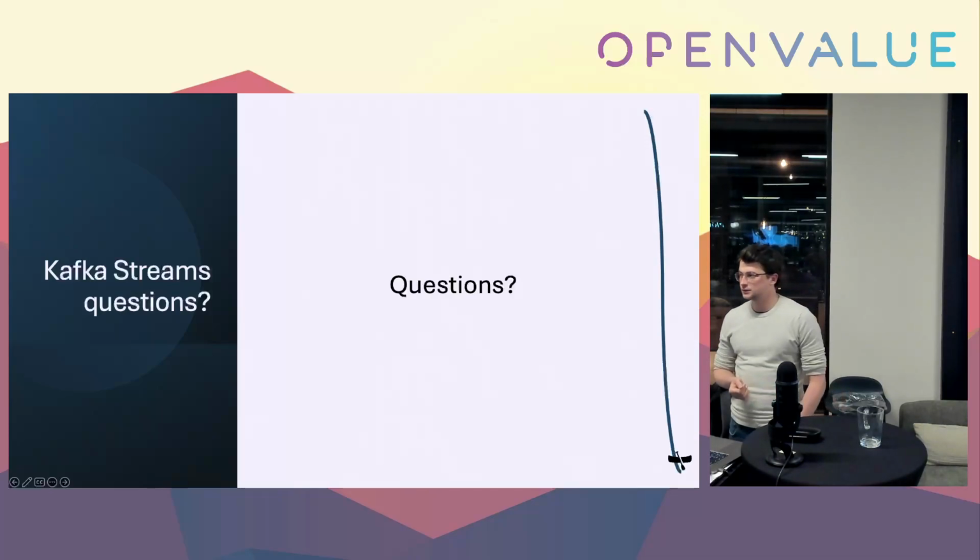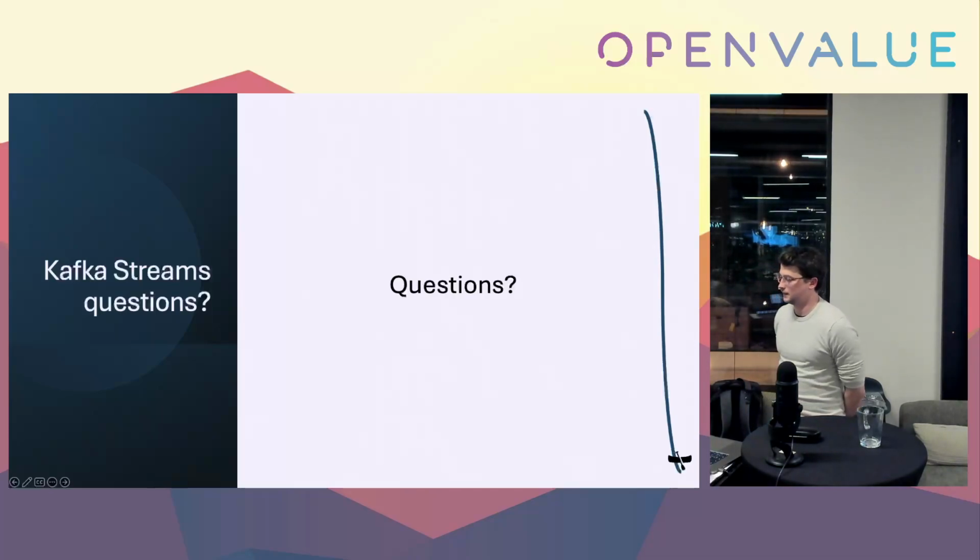Other questions? Yeah, it's related, but not really. We did distributed tracing. The trace IDs were lost in the Kafka stream. Why, we don't know.